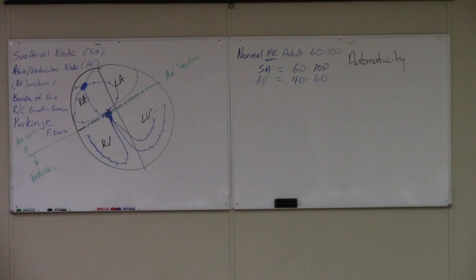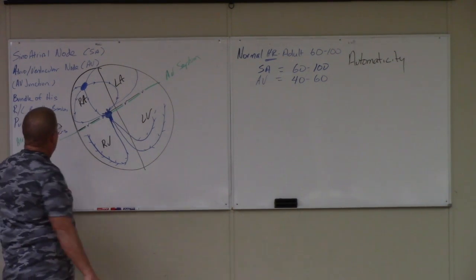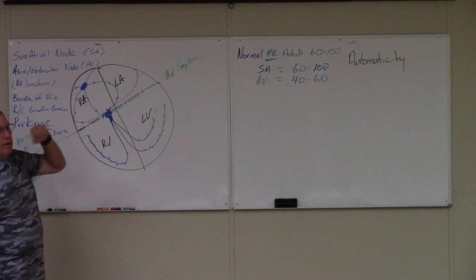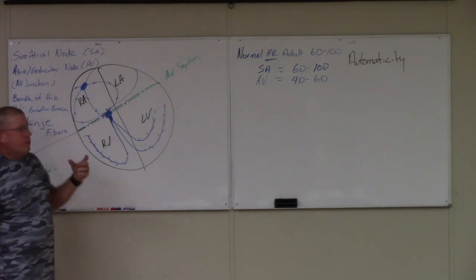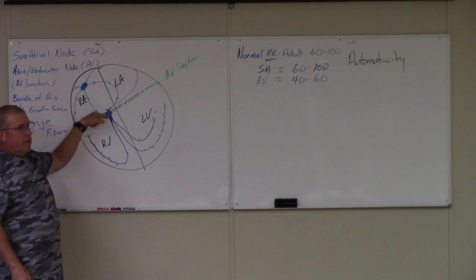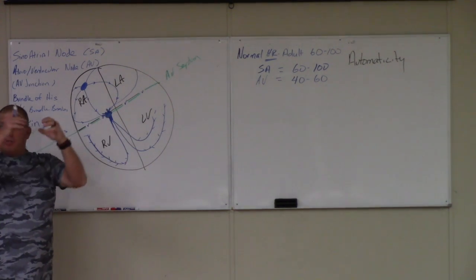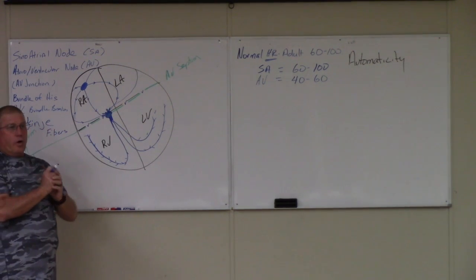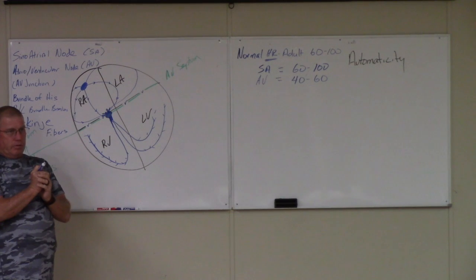So let me ask you a question. We talked about if the electrical charge starts in the SA node and it travels down this path, it contracts the atrium from the top down, right? Where's the valves out of the ventricles?